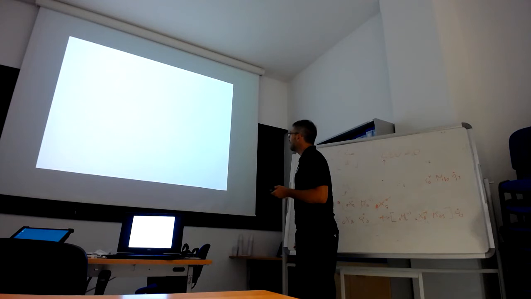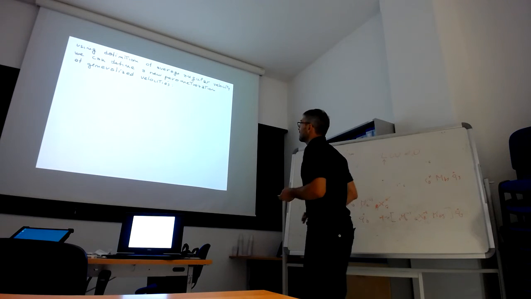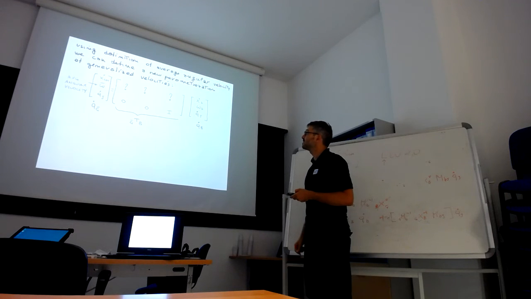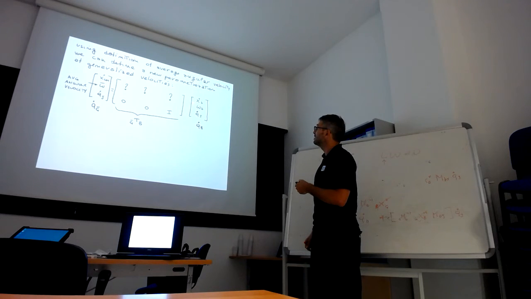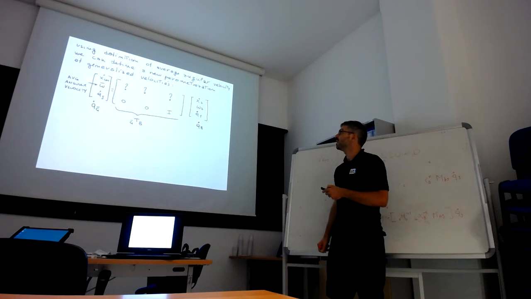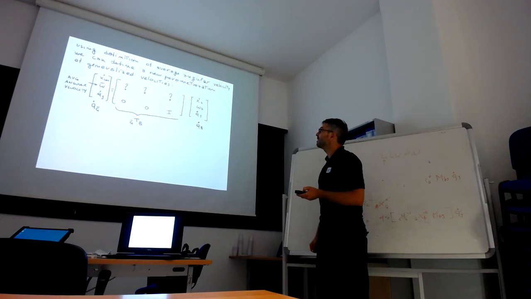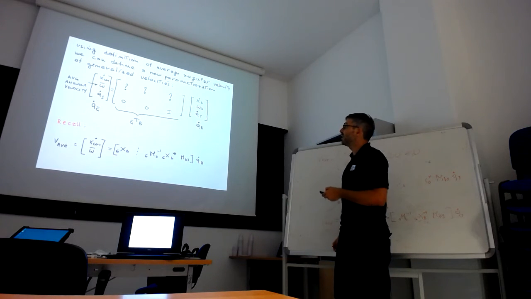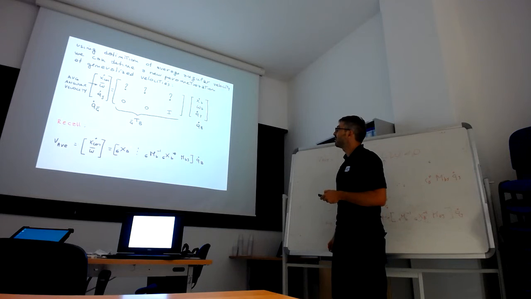So if we use this average angular velocity to define a new parameterization, we change the base velocity to CM velocity and the angular velocity of the base into average angular velocity. We find a new transformation matrix tau b j bar that will have this shape.